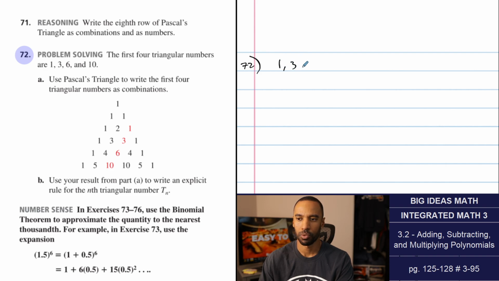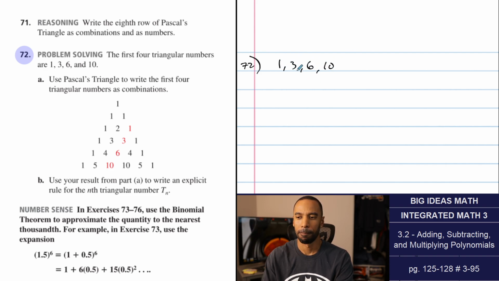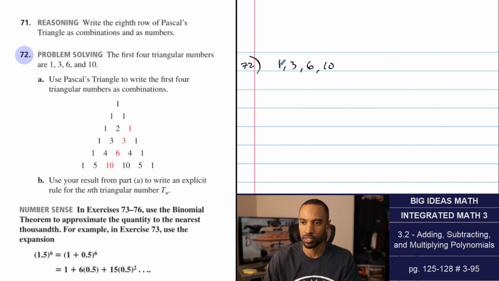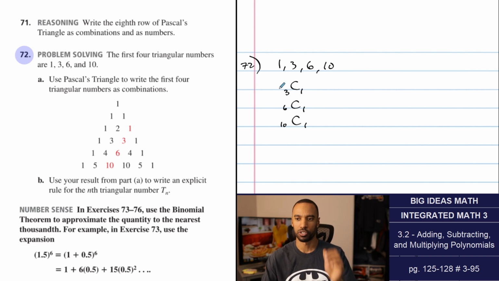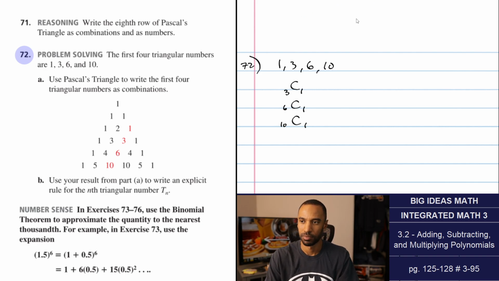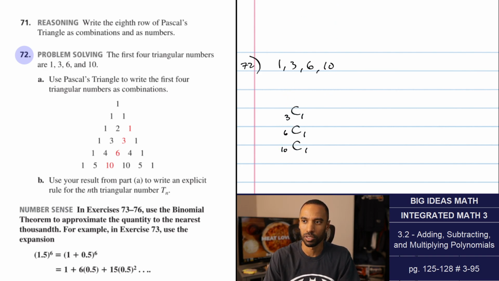So 1, 3, 6, 10. You can do 1 as anything. You can do 0 choose 0 or anything. 3 is easy to do as 3 choose 1. 6 is easy to do as 6 choose 1. 10 is easy to do as 10 choose 1. Are there other versions that they're talking about? Is that all they want?